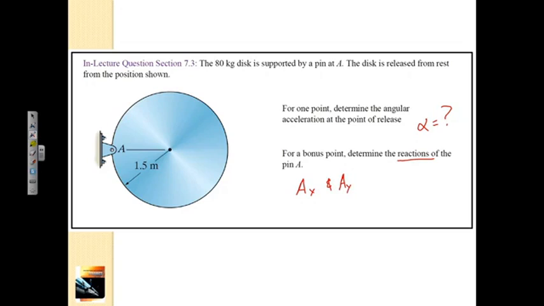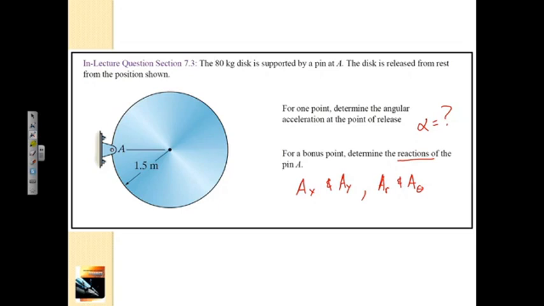You pick the directions, but they better be orthogonal. This might be AR and A theta. For us, this thing is oriented really nicely in XY, so maybe that's a good place to go.